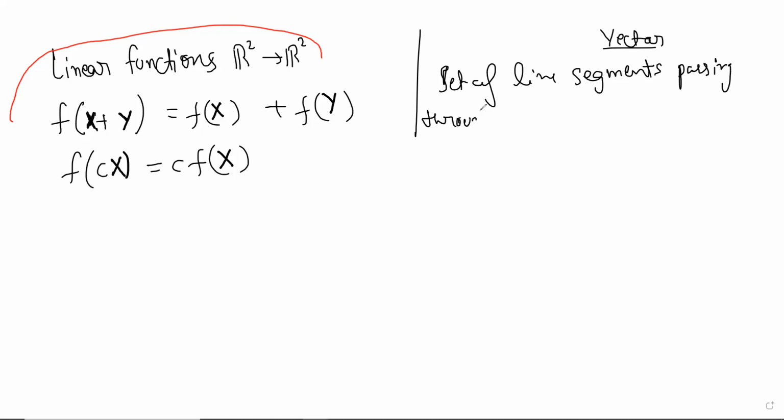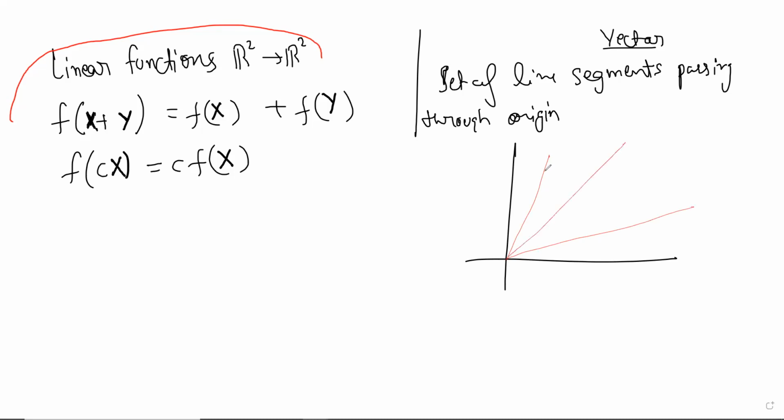I've said line segments, and it really matters. Different line segments will give you different vectors. So you can view every vector like a pair of numbers, which carries two pieces of information about the two dimensions, and all these three red lines are three different vectors.